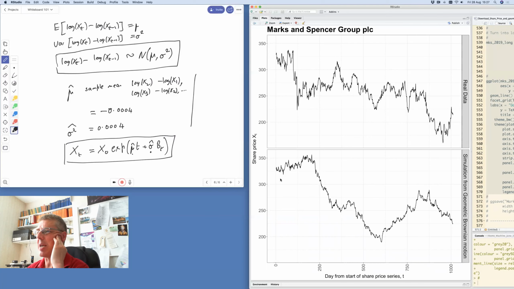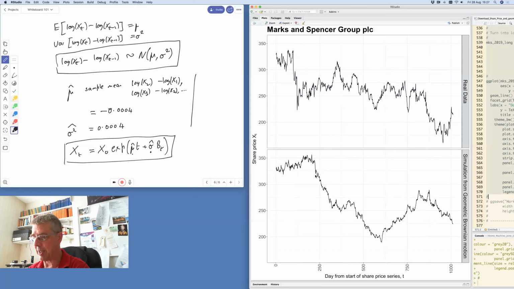And what we can see is that this first sample path from geometric Brownian motion looks quite similar to the Marks and Spencer data. And that's really very encouraging. It's effectively saying that we have a useful and sensible model for the share price data.